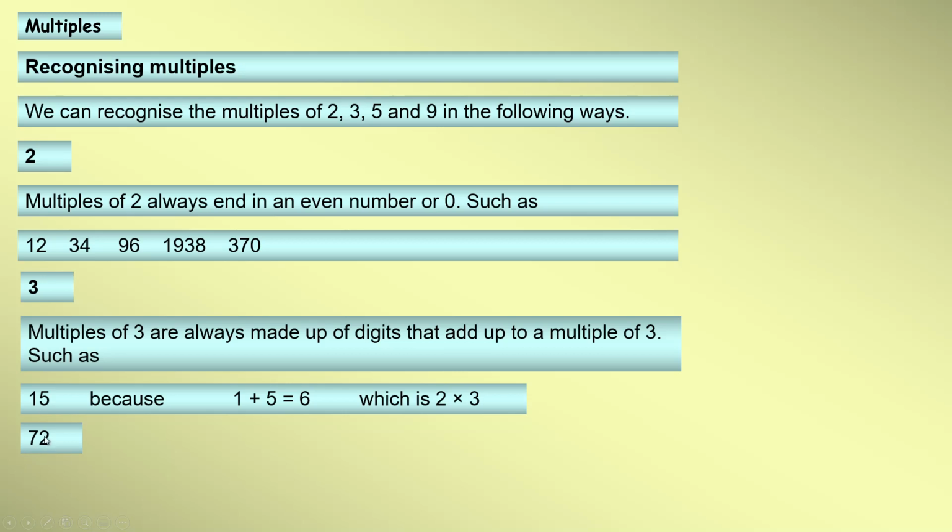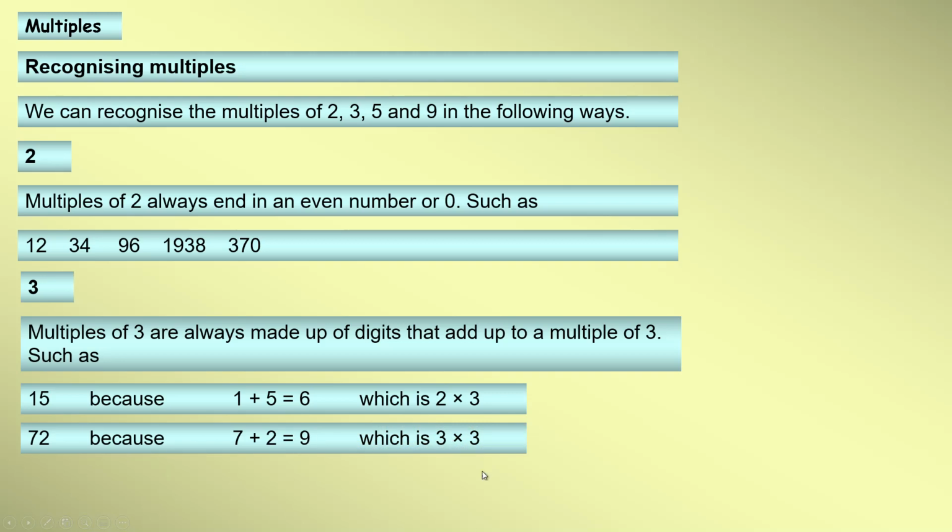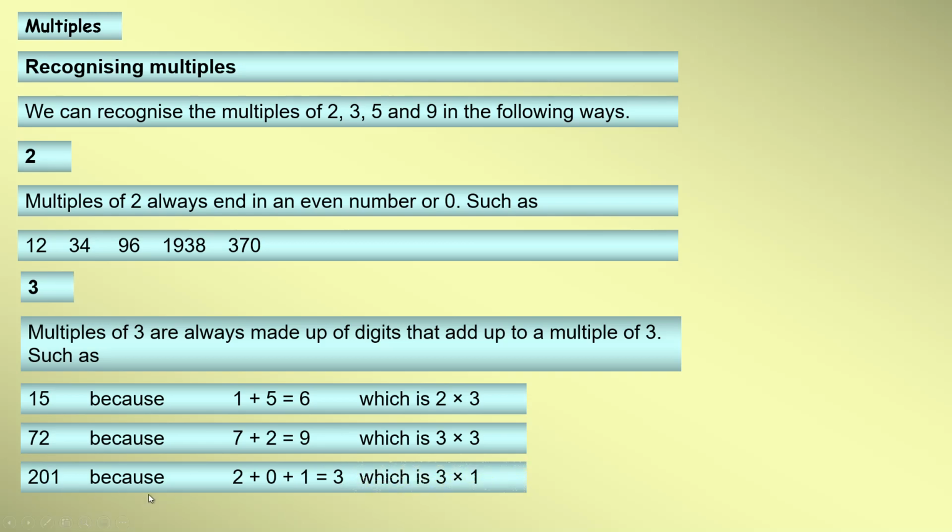That means 3 can go into 72. So 72 is a multiple. Okay, 7 plus 2 gives you 9. So it's in the 3 times table. So anything where we can add the numbers together and they give us a number that's in the 3 times table. 201. We can check if 201 is in the 3 times table because we can add the 3 numbers up. 2 plus 0 plus 1 gives me 3. So 201 is in the 3 times table. It's a multiple of 3.